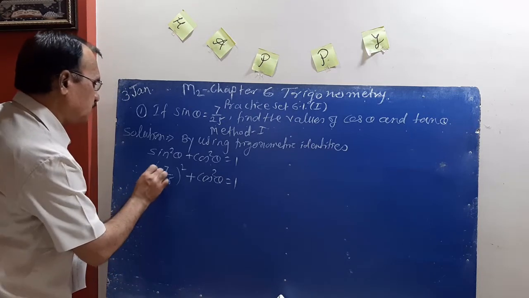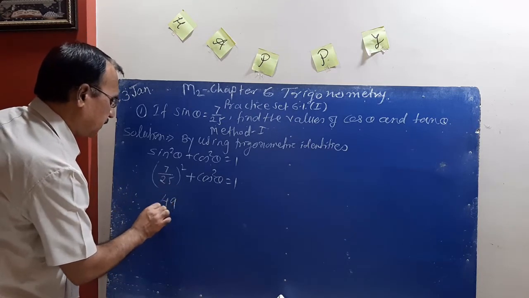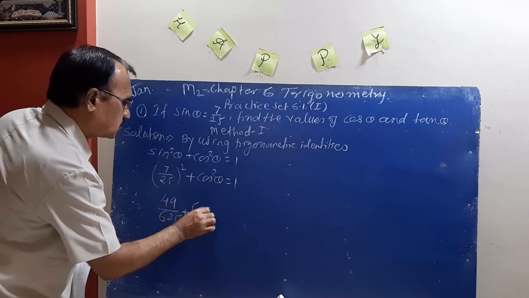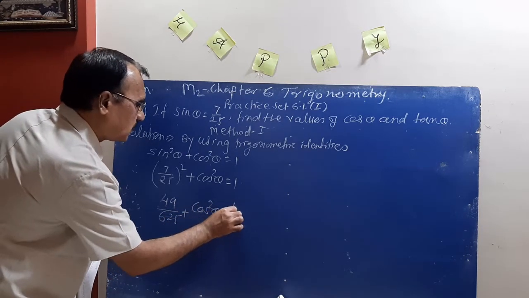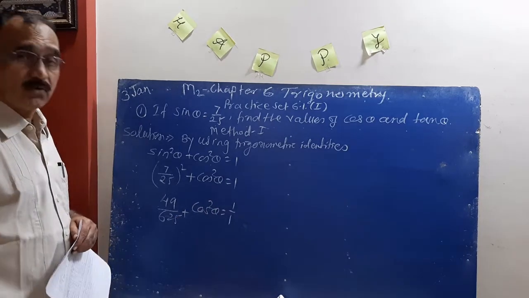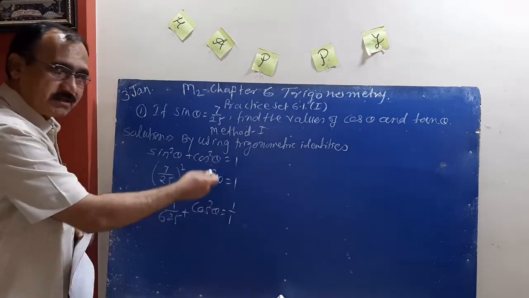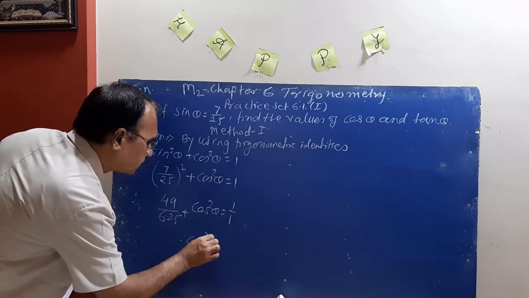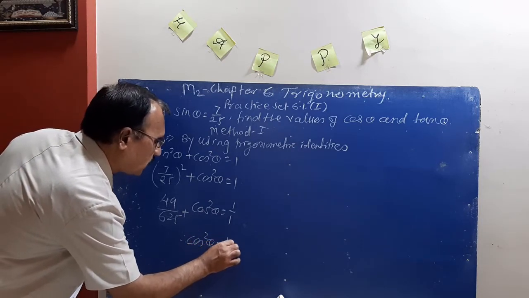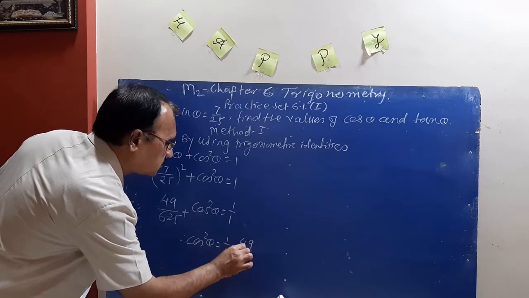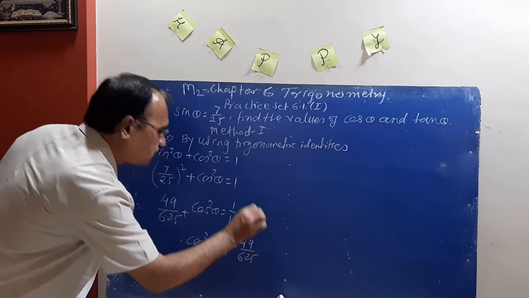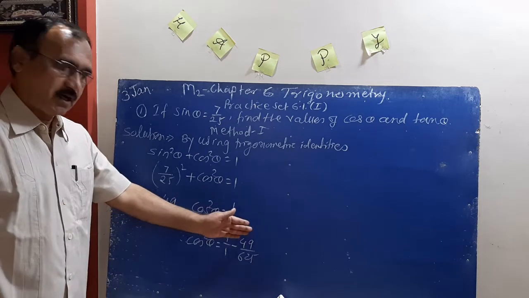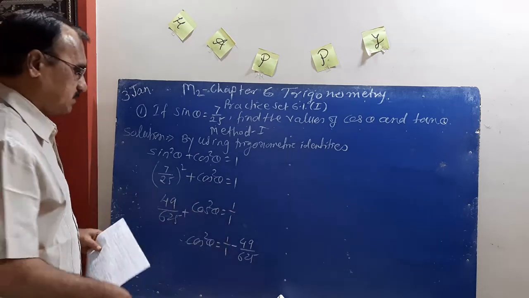The square of 7 is 49, and of 25 is 625, so 49 upon 625 plus cos square theta is equal to 1 upon 1. For our convenience, we write 1 in the form of 1 upon 1. Therefore cos square theta is equal to 1 upon 1 minus 49 upon 625. Taking this ratio to the other side, it becomes minus.